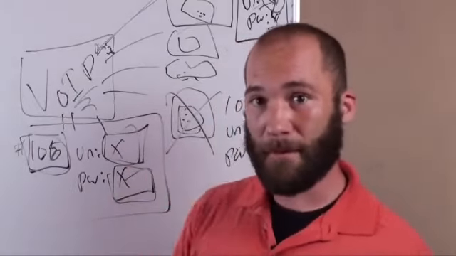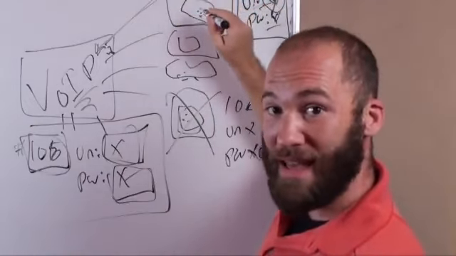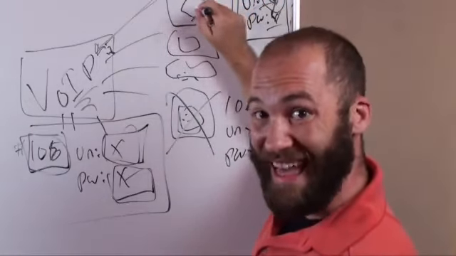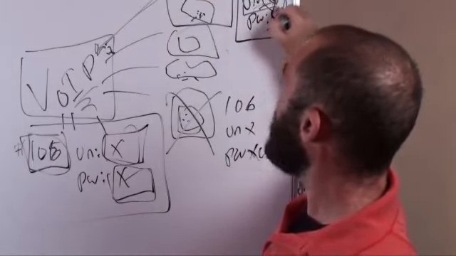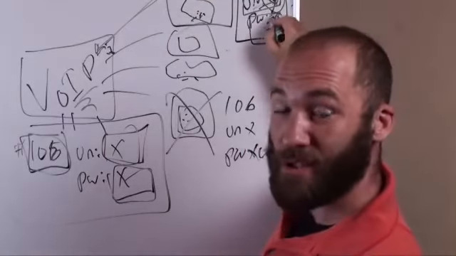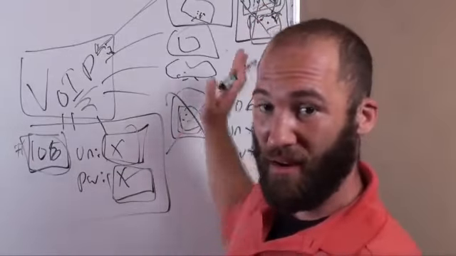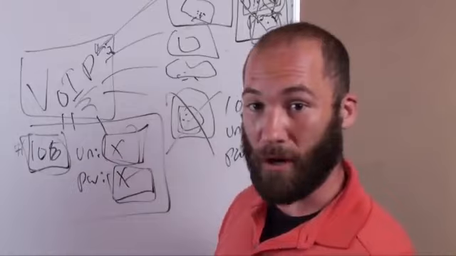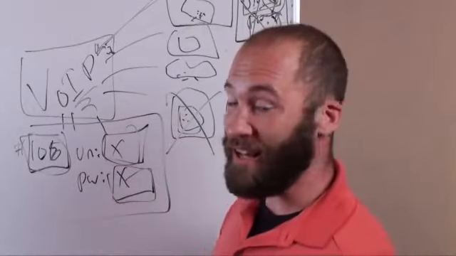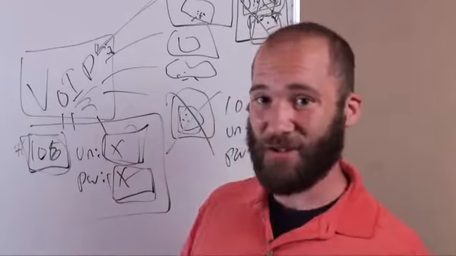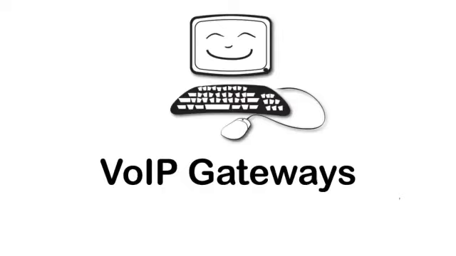The biggest point is this device out here, you will have to go in and configure within that device and say, I want extension 105, the username is this, and the password is this. If any of this is incorrect, the whole kit and caboodle is not going to work. So this is voice over IP clients in a nutshell. Like I say, it's not too complicated as long as you can follow all these little lines.